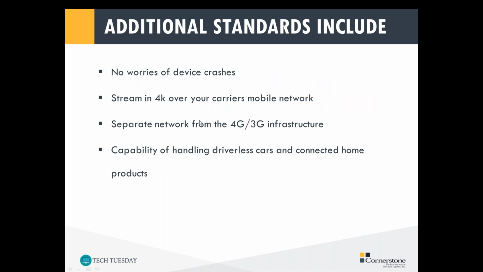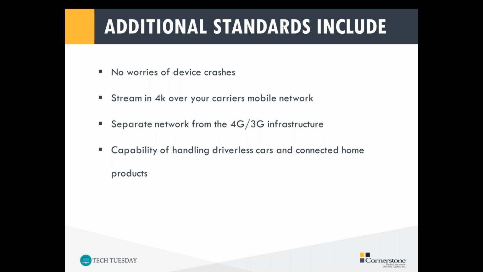Some additional standards include no worries of device crashing when using the wireless network. You can stream in 4K over your carrier's mobile network instead of having to connect to Wi-Fi or landline. You can separate a network from 4G and 3G infrastructure. So your 5G infrastructure is going to be completely different than your 4 and 3G, which means carriers can't really use existing infrastructure to carry it.